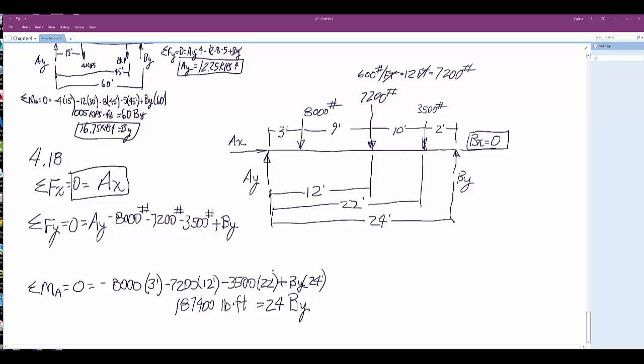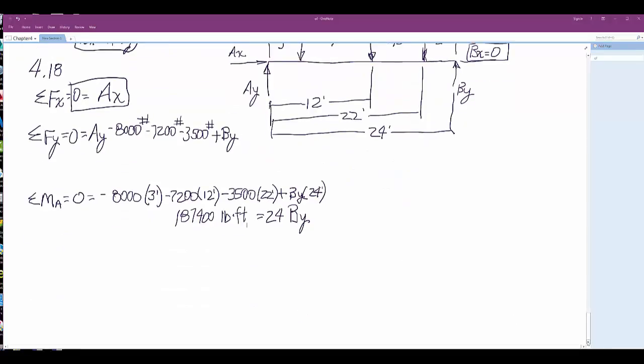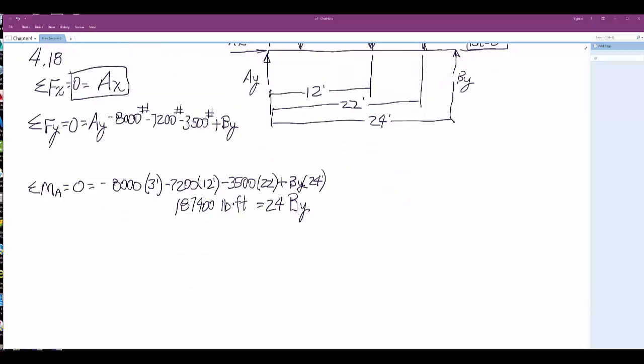Okay, then we divide. If I could go ahead and write this out, we'll have BY equals 187,400 pound-feet divided by 24 feet.